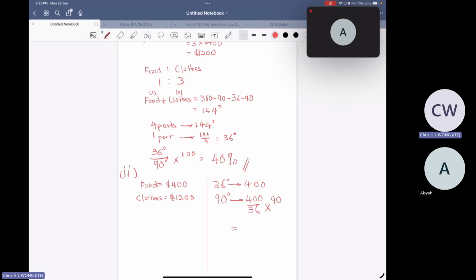How much is that? It is 1,000, right? So saving is 1,000. So I put it down. 1,000.